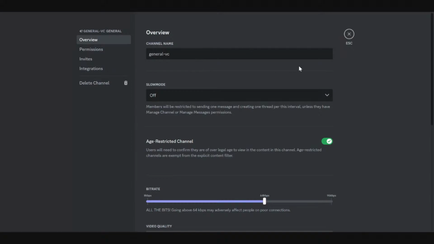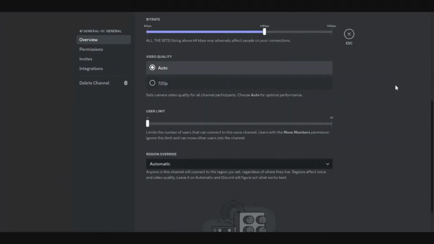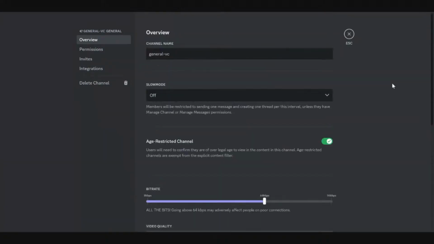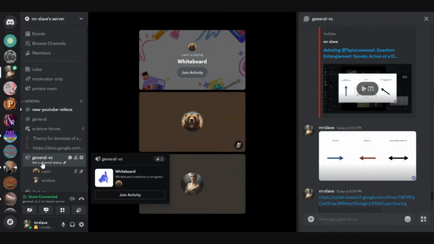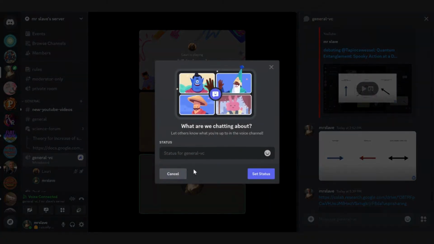Wait. Where do you give it a name? Oh, status for general. Entanglement is finally dead.